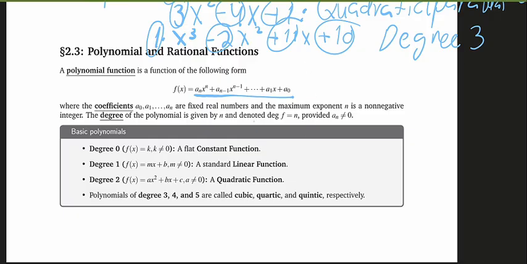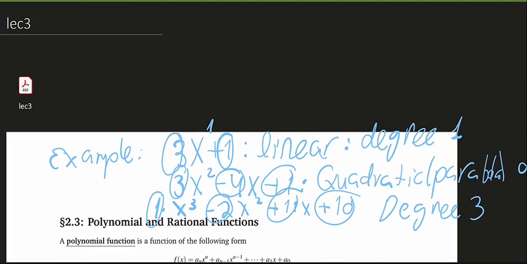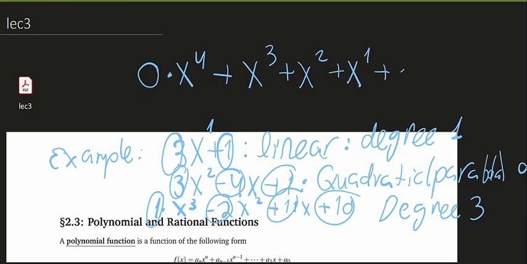Now, let's take a look at what's going on here. The degree of a polynomial, that's just terminology. It's denoted deg f. We won't really use this kind of notation, but if you want to, you're welcome to. But degree of f is equal to n. You can just specify it in words that the degree of the polynomial is n, assuming that n actually appears. So it doesn't count, for instance, if I do this: 0 times x to the fourth plus x to the third plus x to the second plus x to the 1 plus 1, then the degree here is not actually 4.